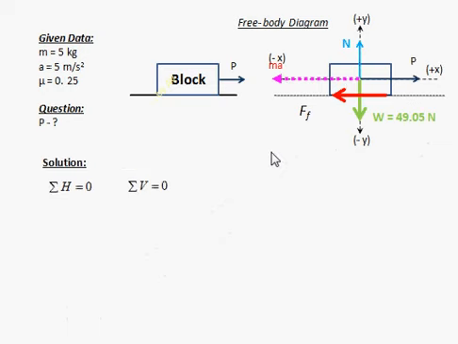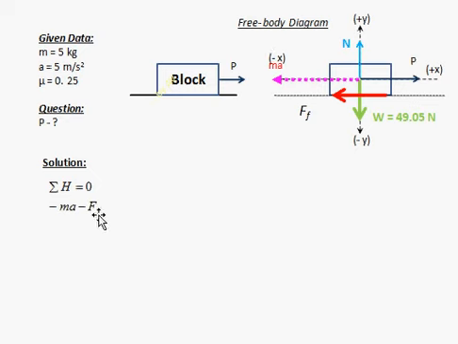Since we have applied D'Alembert's principle, now it is easy for us to implement the dynamic equilibrium condition. That is, sum of all the horizontal forces and sum of all the vertical forces is equal to 0. First, horizontal forces. So minus MA is the first horizontal force. Why I am placing the negative sign here is that it is on the negative side of the x coordinate system, that is the left hand side.